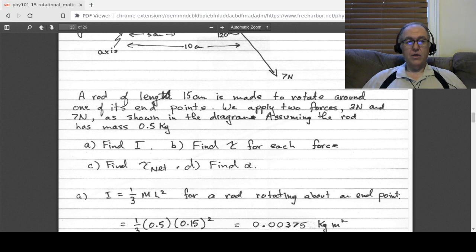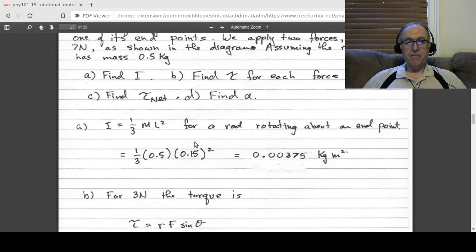All right, let's start off. The first thing you do is say, how do I get I? I don't have a bunch of point masses. This is an I for a shape. The shape is a rod. The axis is at one of the endpoints. So for a rod with the axis of rotation at an endpoint, the formula is 1/3 ml squared. You should have these formulas memorized for a test.